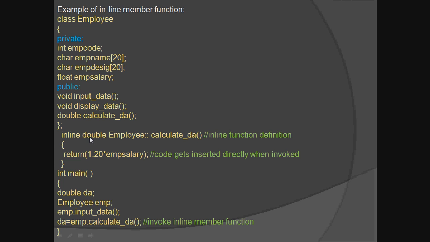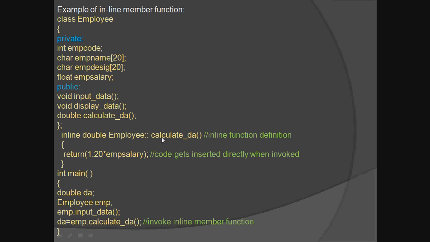Normally when you are associating the class name with the function, that is the function prototype, you do not use the return type. But in the case of inline, you can see that the return type double is mentioned here. This tells that this inline function belongs to the class employee.